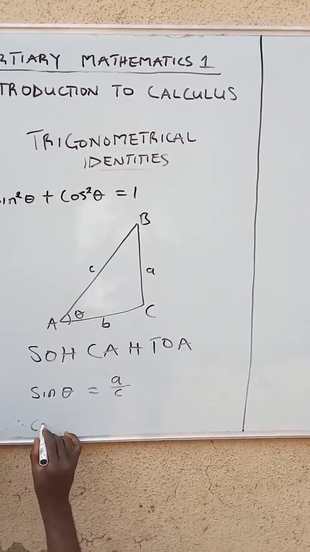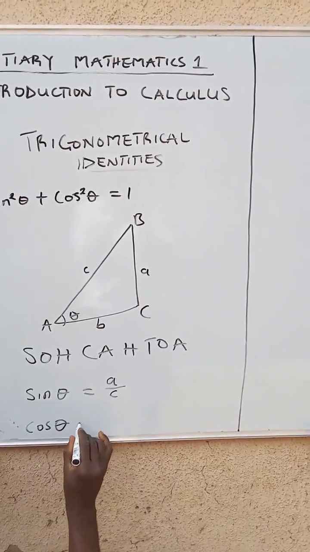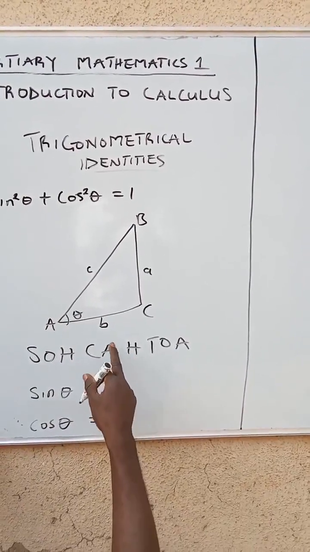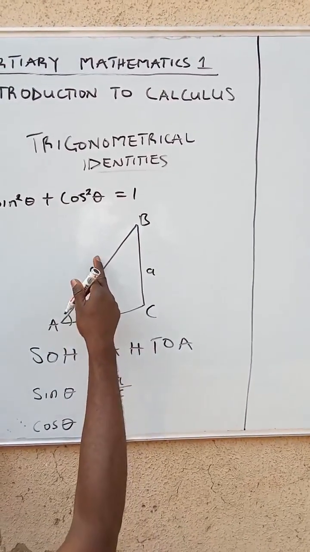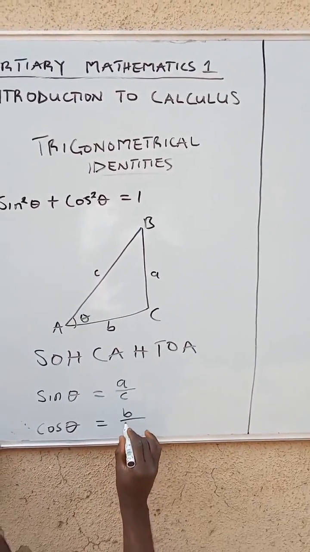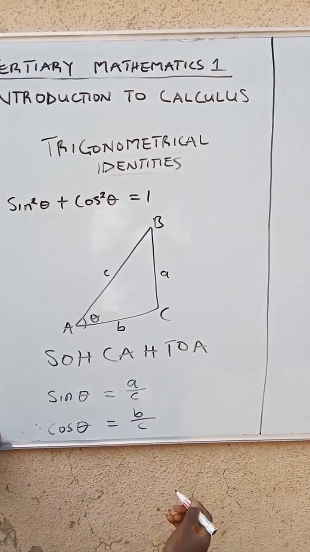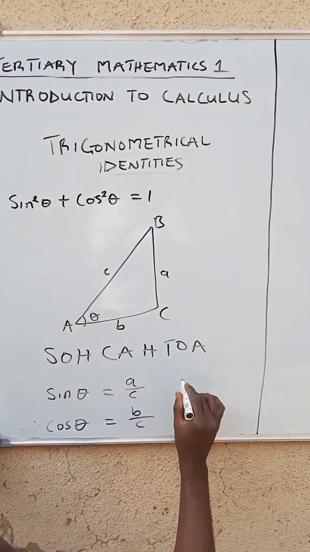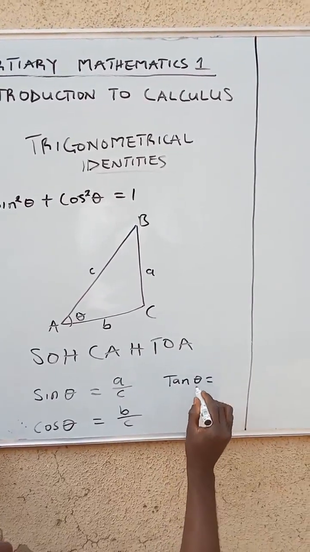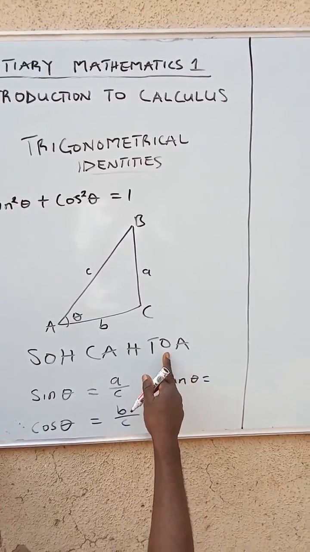Then cos theta is equal to adjacent over the hypotenuse. This is adjacent and this is the hypotenuse. I have B over C. Then the same way, my tan theta is equal to opposite over the adjacent.